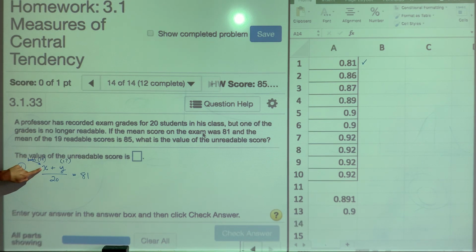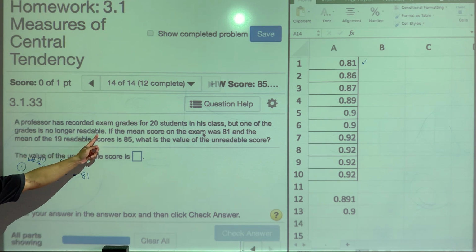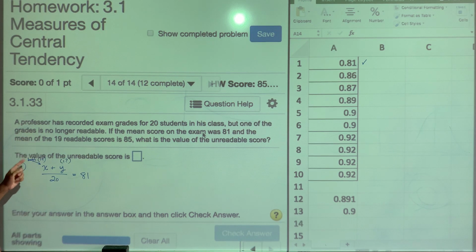I have 19 students that I'm going to call one giant value: 89, 95, 76, 54, all these different scores that add up to one big value. Then I got one that's no longer readable. Together, they make 20 total scores that when averaged will be 81 for the entire class. Got it? We're going to come back to this in a moment.